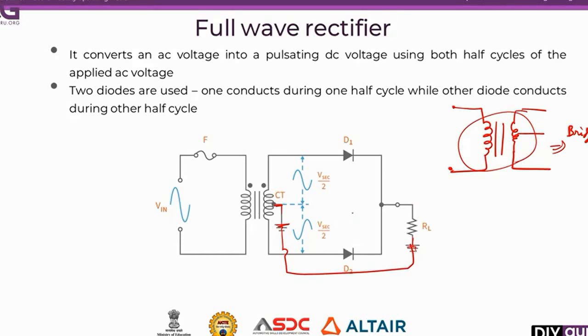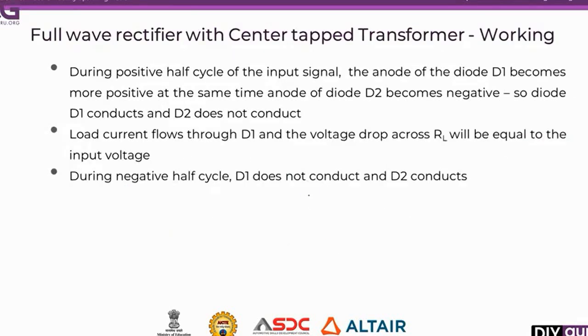Okay. Now we will see the working of the full wave rectifier. I will draw this circuit again. See here, this is the diagram of full wave rectifier with center tapped transformer.